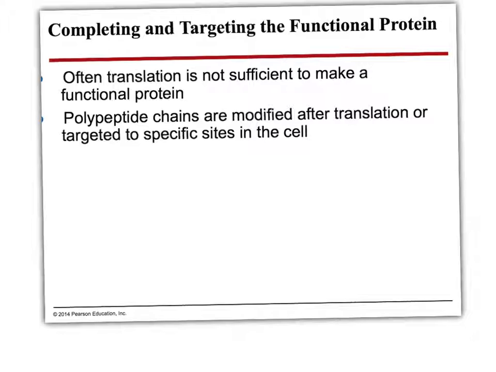So a lot of times translation itself is just not enough to make a functional protein. It has to assume shape, and there are other modifications. And it also can be targeted to specific sites. Part of the amino acid chain itself will tell you where that protein is supposed to go in the cell.